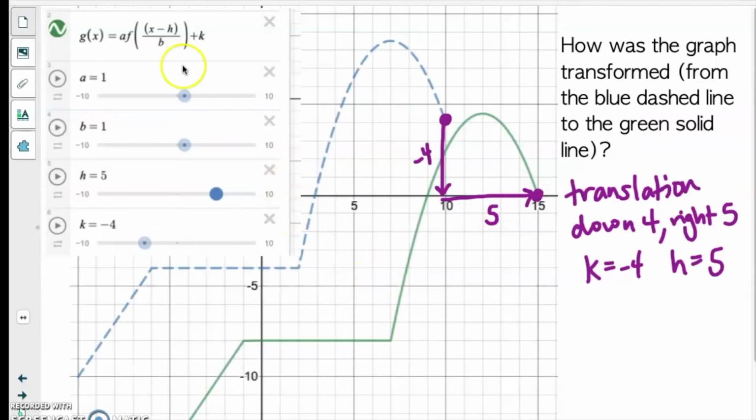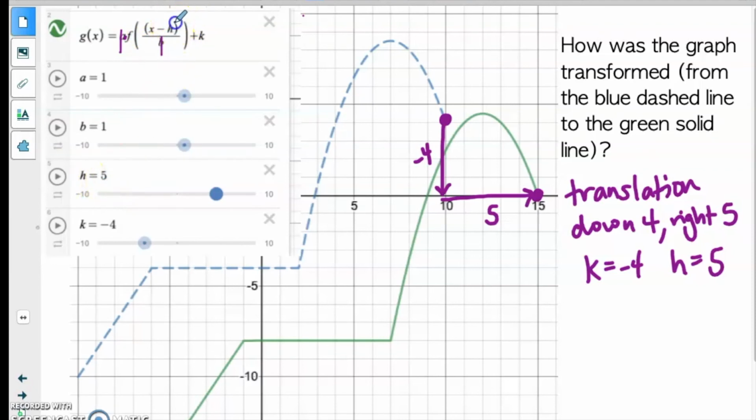I have my screenshot so I can write over top of it. But what we're going to do is substitute these values for A, B, H, and K into this equation. All right, so A is 1, and that's being multiplied, and 1 times anything doesn't change that thing. B is also 1, and x minus h is being divided by 1. So again, it's not going to change anything here.